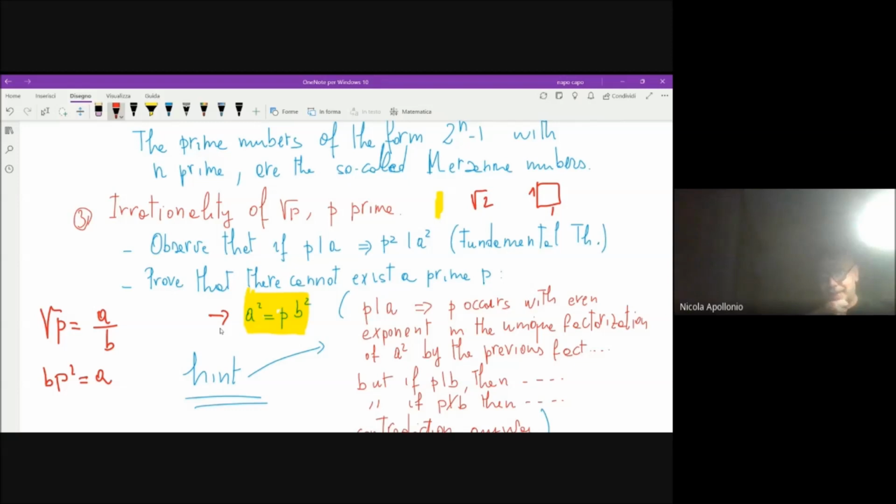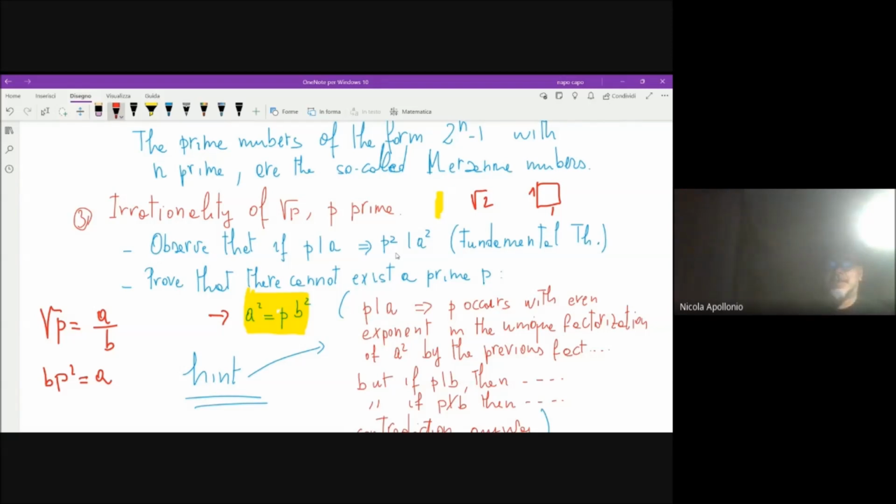So on the left-hand side, you have the square of A, and the exercise tells you that if P is a prime factor of A, then P squared is a factor of A squared. This is the fundamental theorem. Just think a bit about the fundamental theorem.